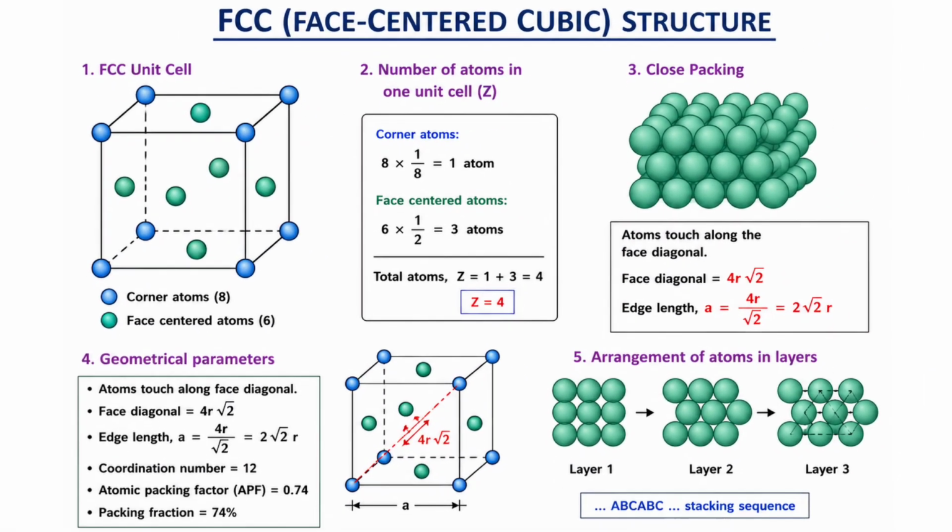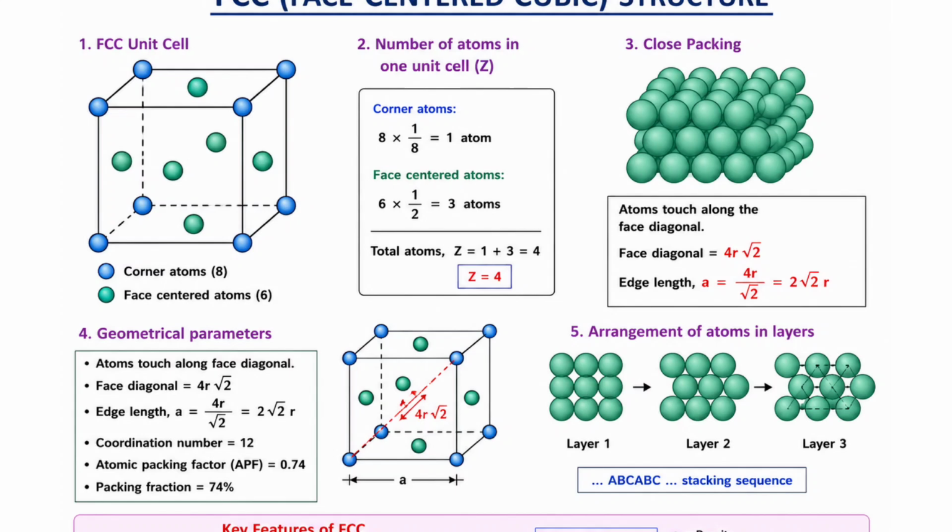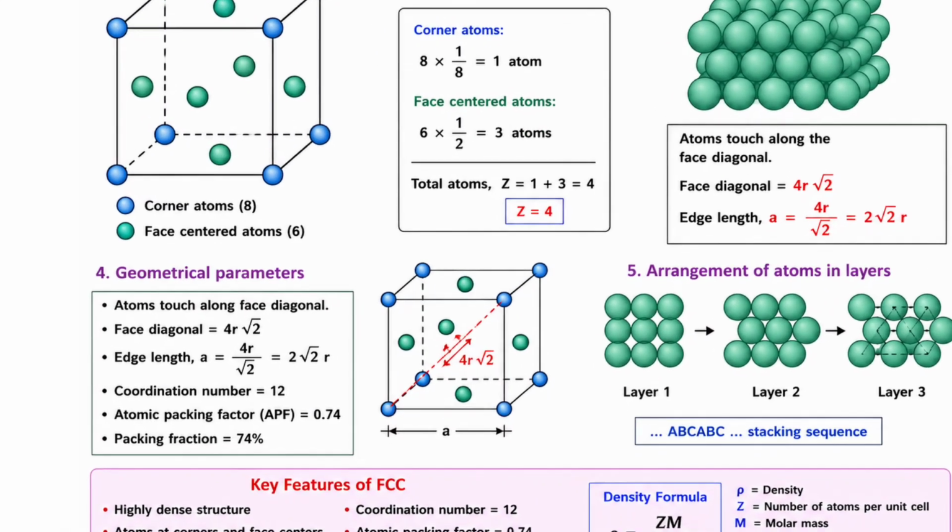The edge length in FCC is a equal to 2 root 2 R. This is an important parameter from the examination point of view.